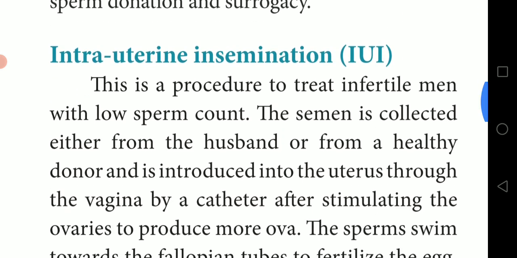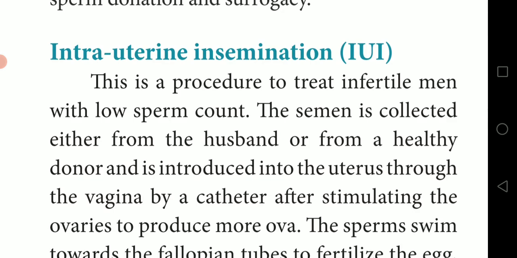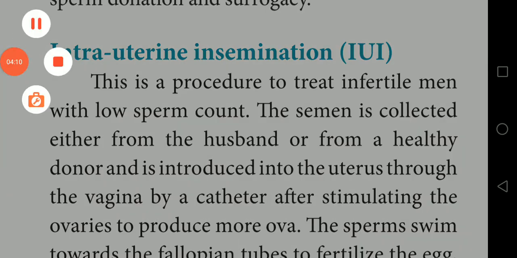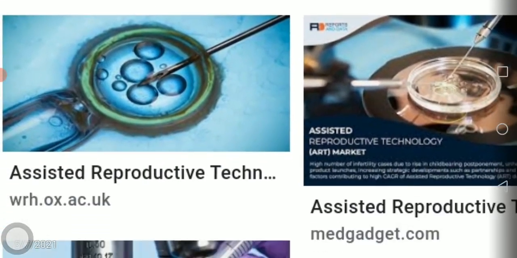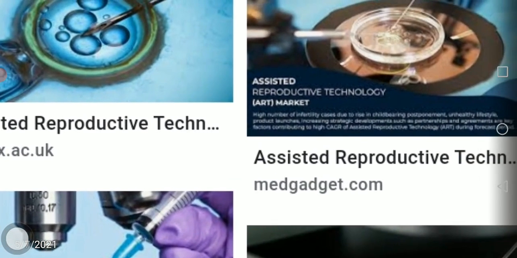First one, IUI. Before we enter into that, I'll show you a few pictures regarding this ART technology so you can understand better. The picture you are seeing is assisted reproductive technology.